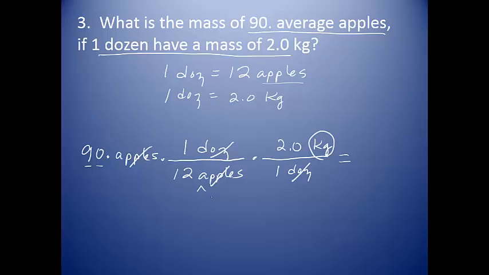So this is also an absolute, the 1 dozen over 12. We don't count this as far as significant digits. And we have the 2.0, so we have 2 significant digits there. So our final answer needs to have 2, and calculator-wise, if you take 90 times 1 times 2, and then divide that by 12, you would get 15. And kilograms, again, is the unit that we had at the end.